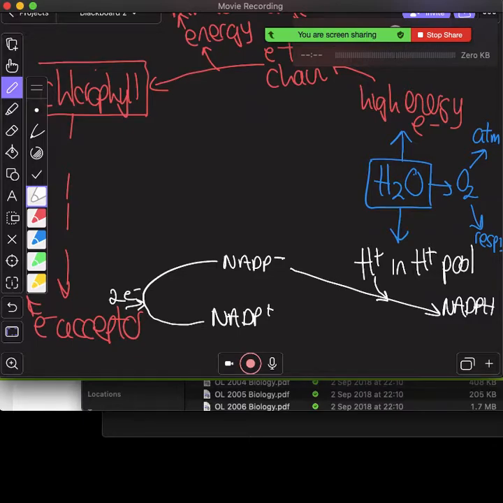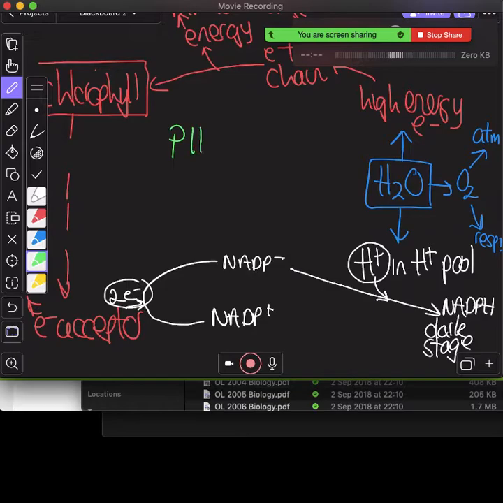So the electrons come from chlorophyll, the protons come from the photolysis of water, and I make NADPH for the dark stage. So this is our pathway 2. What color haven't we used? We'll use green. So this is pathway 2.